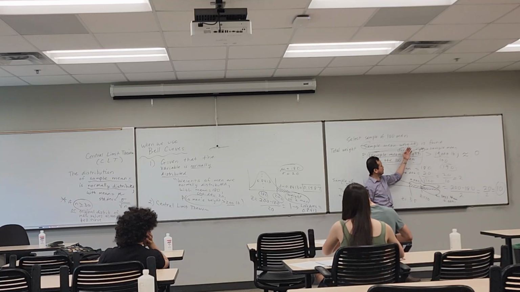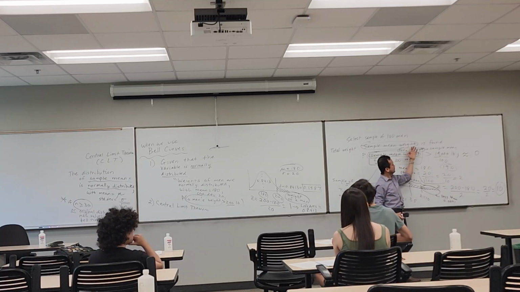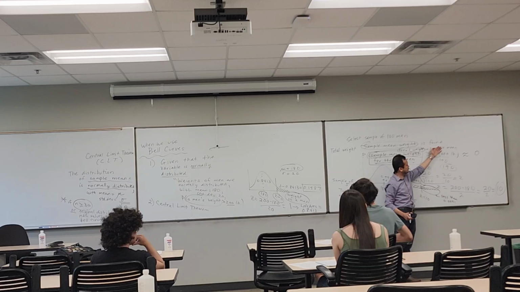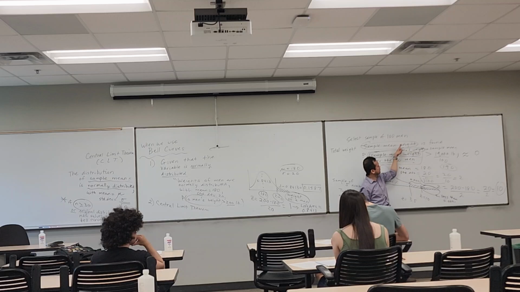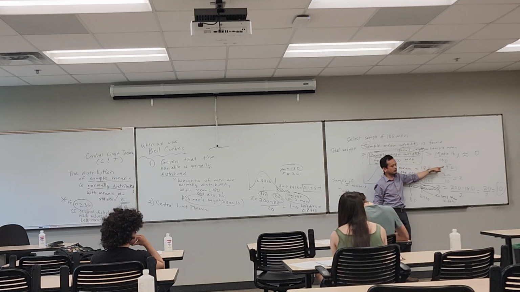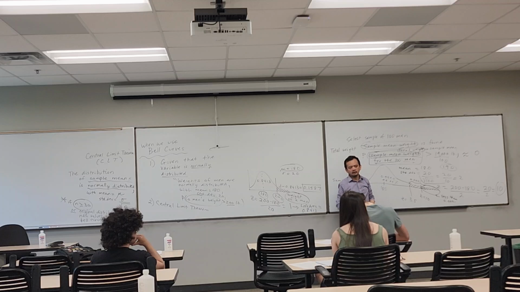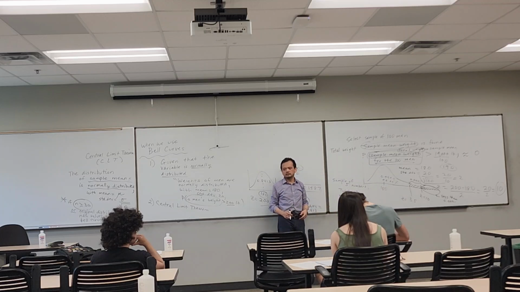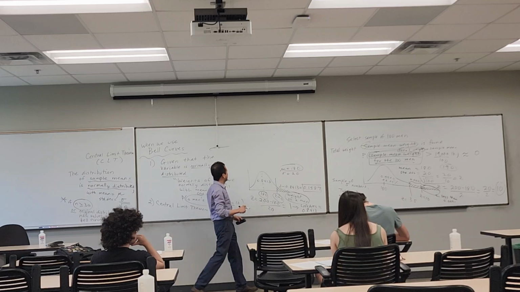We can convert a total sample value into a sample mean value by dividing this number that represents the total value by the number of numbers, which is 100. And so this problem now becomes the probability that the sample mean is greater than 190. And now we can use the central limit theorem for it. Okay, any questions? All right.